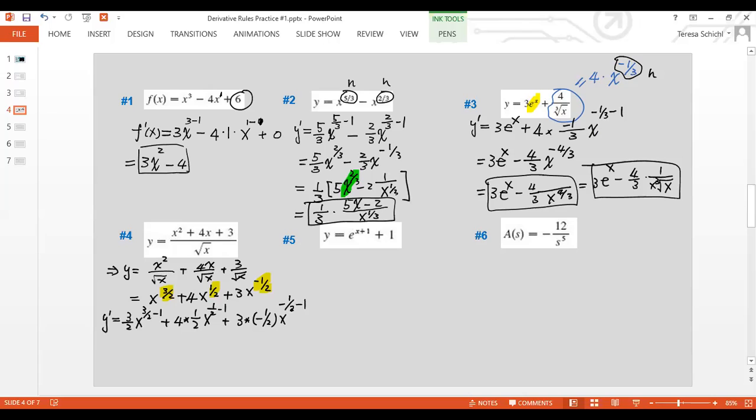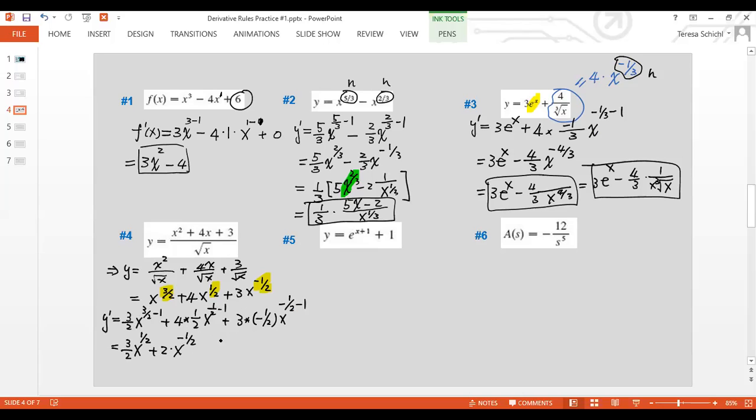Okay, so let's simplify it a little bit. So here, basically I want to test your, you know how to do the fraction minus, right? So this is x3/2 minus 1 is what? So this is x1/2. Then 4 times 1/2 is 2. So what is x to the 1/2 minus 1 is negative 1/2, right?